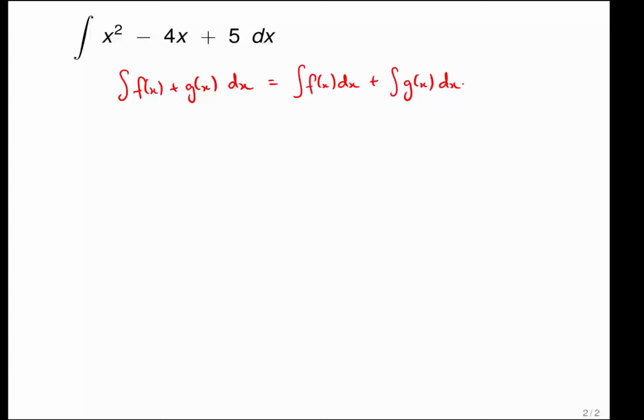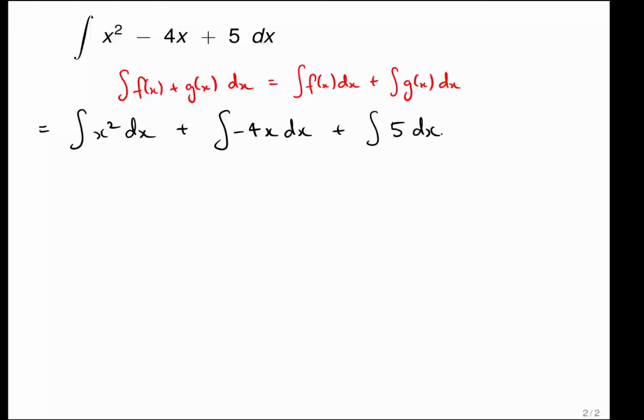Very similar to when you differentiate a bunch of functions added together, you can simply differentiate term by term. Anyway, here, this means we get the following. This linearity principle is very useful as it allows us to break up the integral of a large function into a chain of smaller, more manageable integrals.